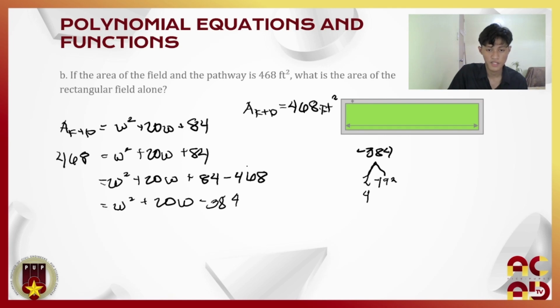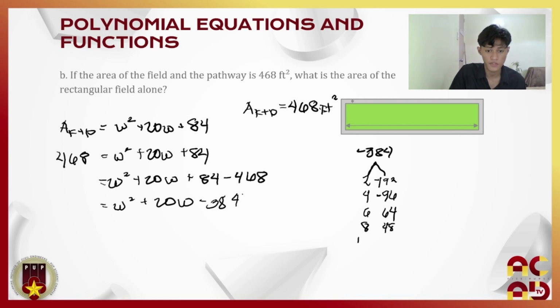So negative 384 divided by 4, we have negative 96. 6 is also a factor, we have 64. Then 8, we have 48. 10, I guess hindi pwede.